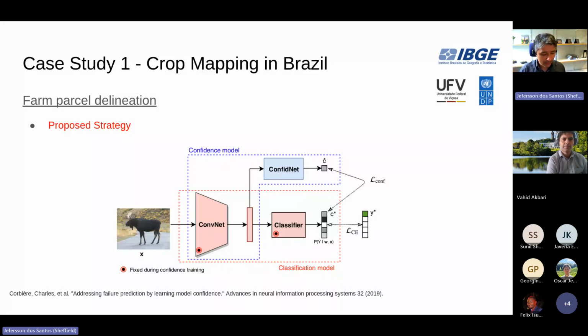What does it mean? It means that in practice, if you have a region, for example, we are talking about farms. If you have a specific crop pattern that is similar to some pattern seen before, our original network has learned this pattern, which is good, and it's able to assign a correct label, and the confidence will be higher.